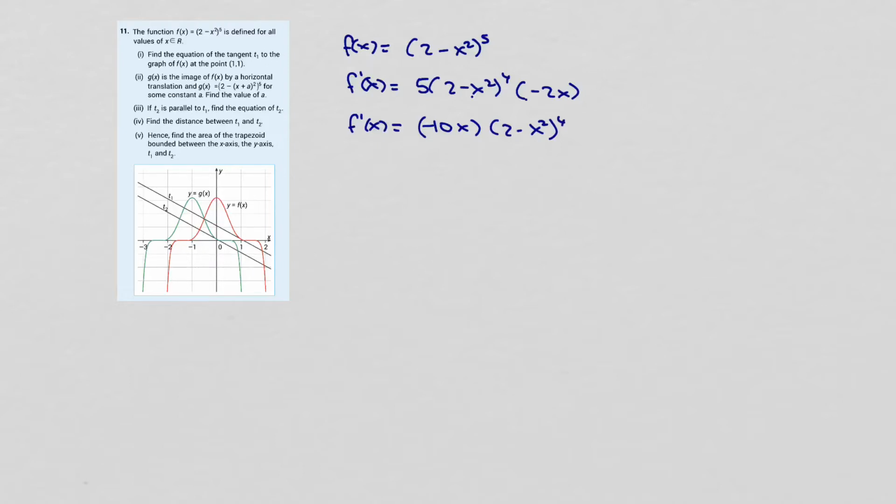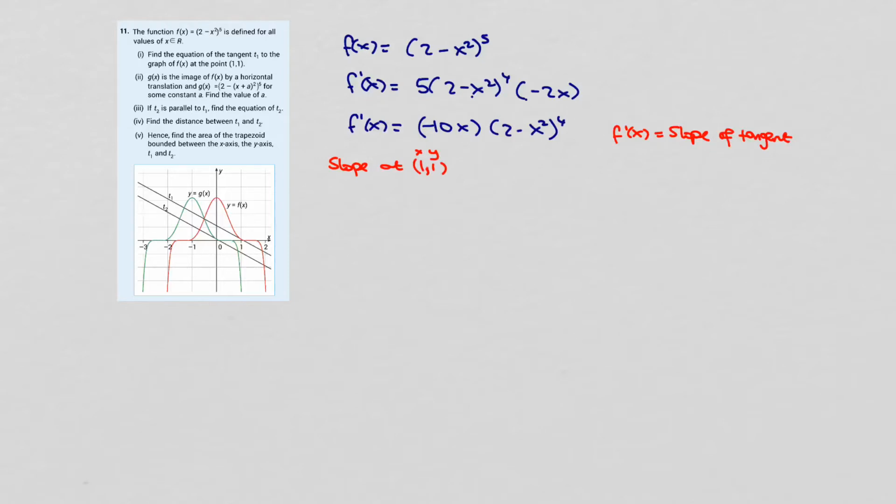What I want to do next is look for the equation of the tangent, which means I need the slope. And remember, your derivative f dash x is equal to the slope of the tangent to the curve. We have to find the slope at the point 1, 1, so x is 1 and y is 1.